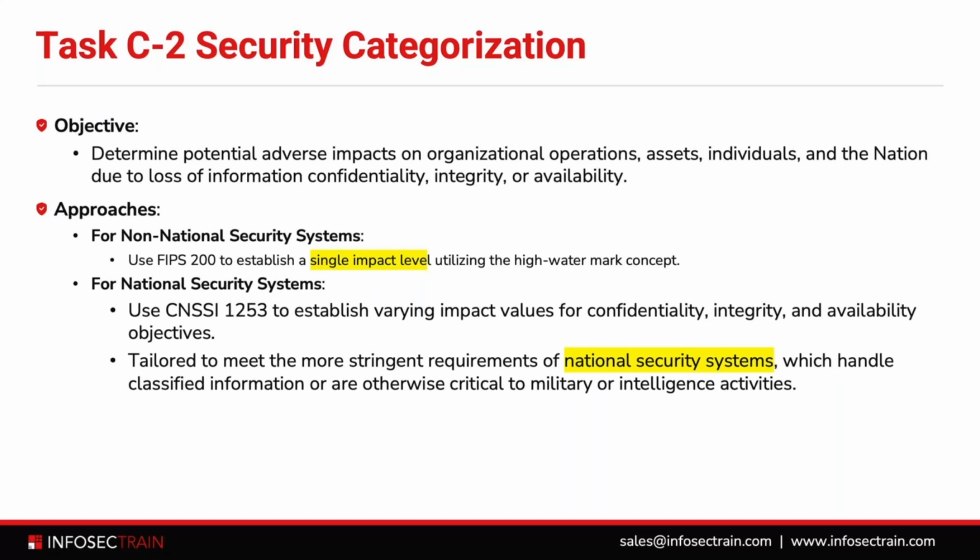Then there are the national security systems, the systems which are either with the national security agencies, or which are somewhere interacting with the channels of the national security systems. For all those systems, we have to understand the impact levels they can have. And then we have the CNSSI 1253 way of categorizing those systems.